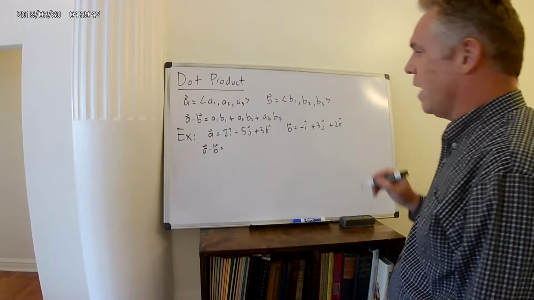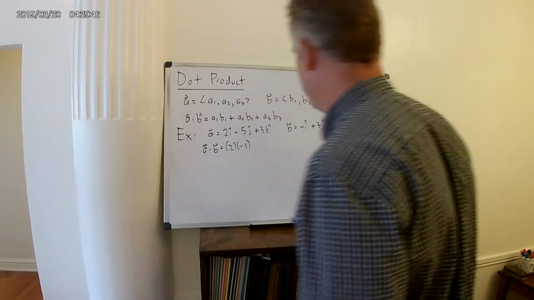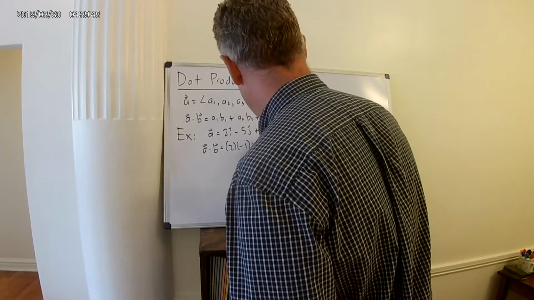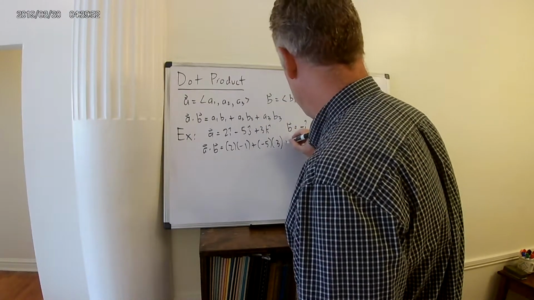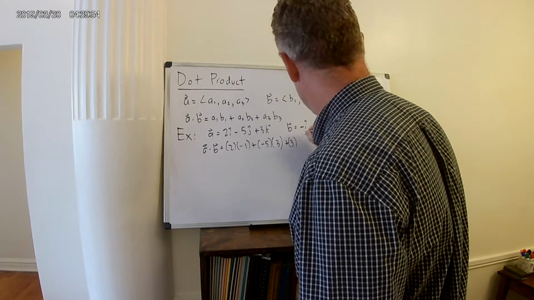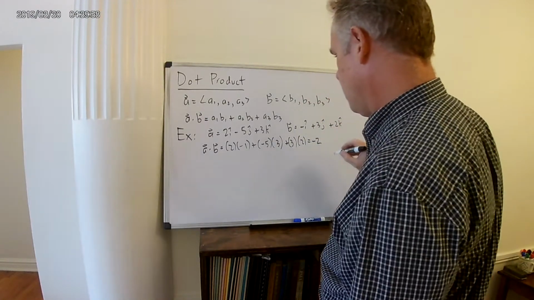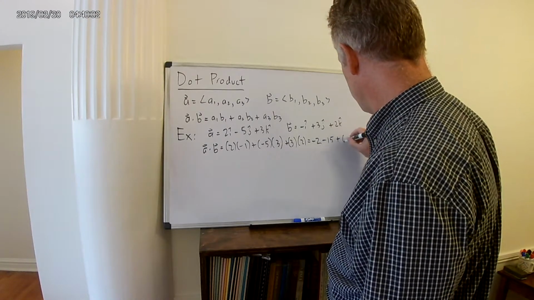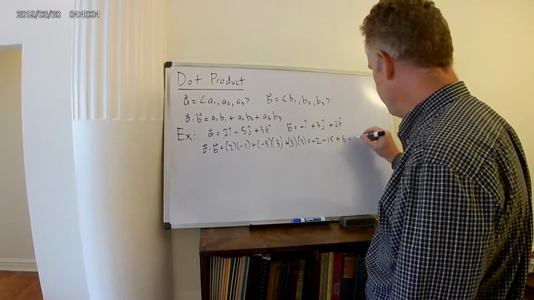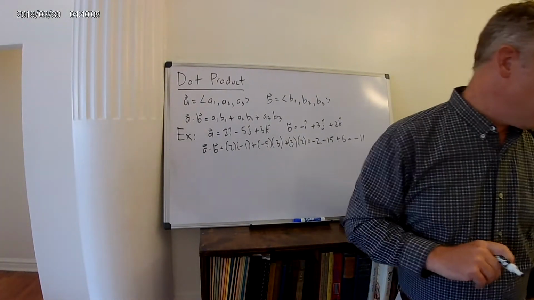The dot product we get by multiplying together the respective components. So we have 2 times minus 1 plus minus 5 times 3 plus 3 times 2, and this will give us minus 2 minus 15 plus 6. And so that comes out to minus 11. So the dot product of these two vectors in this example is minus 11.